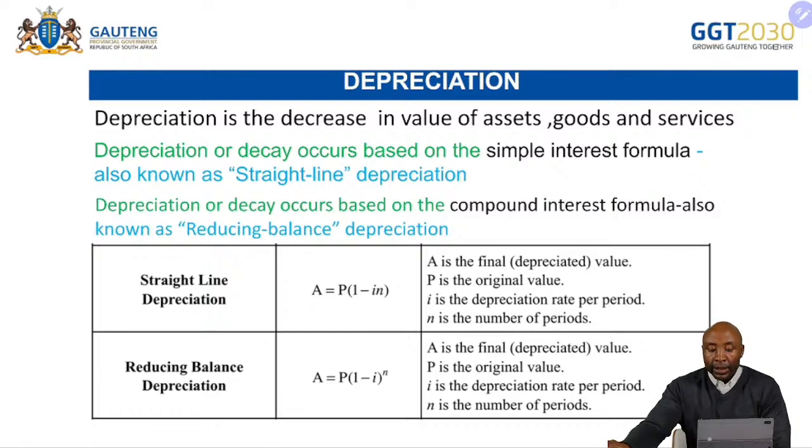Now, there is another concept of inflation, which we did not discuss, but we know that depreciation's opposite is inflation. Goods and services also accumulate in value as time goes by.